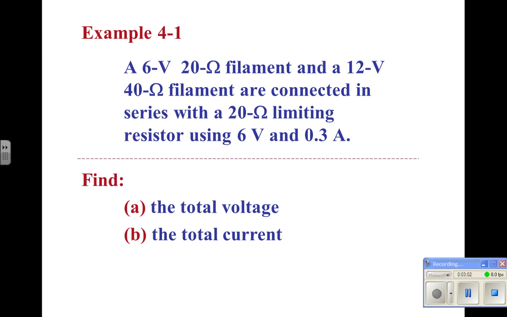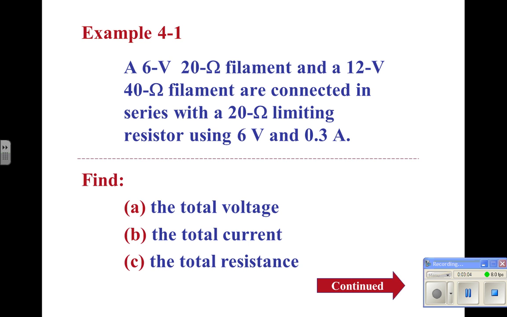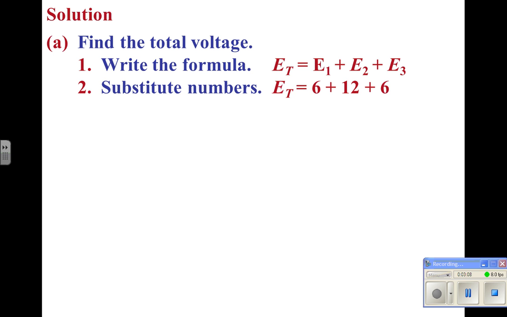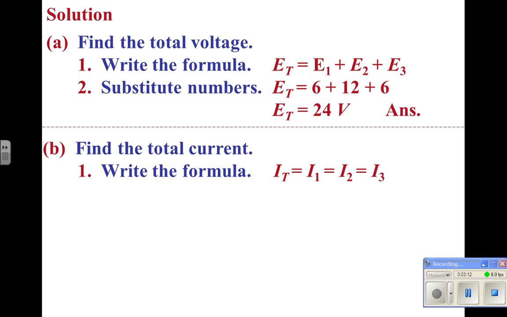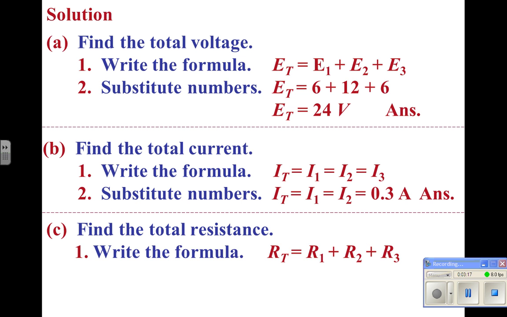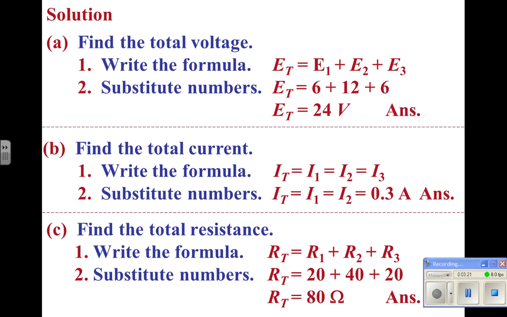I wouldn't use this in the beginning just because, but we'll get back to that in a minute. And then the real question of that question was, what's the total resistance? But they didn't make that very clear.